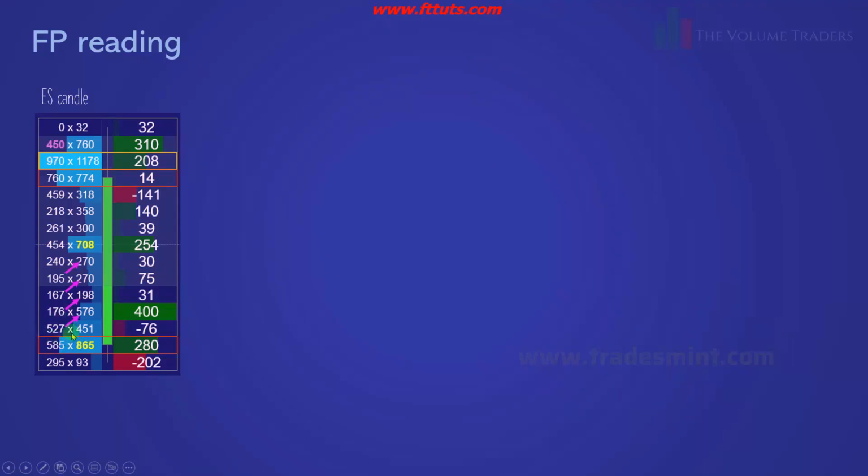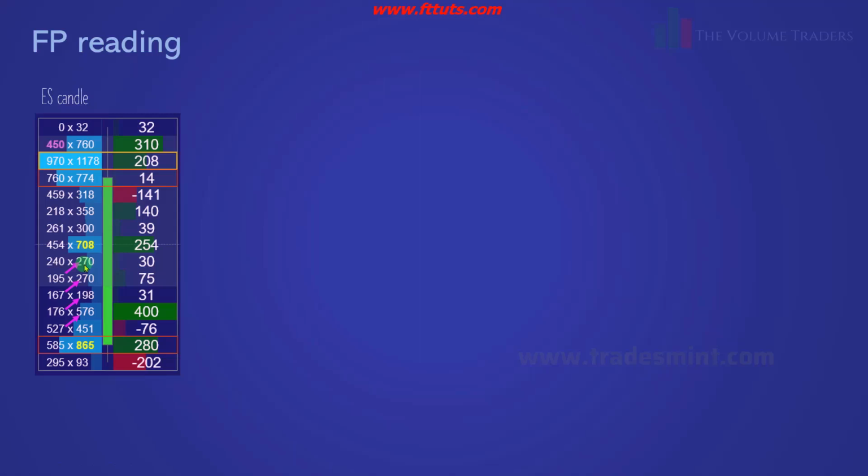So it means here that 527 hit the offer of 576, 176 hit the 198, etc. So the creators are telling that it should be read in that diagonal way.